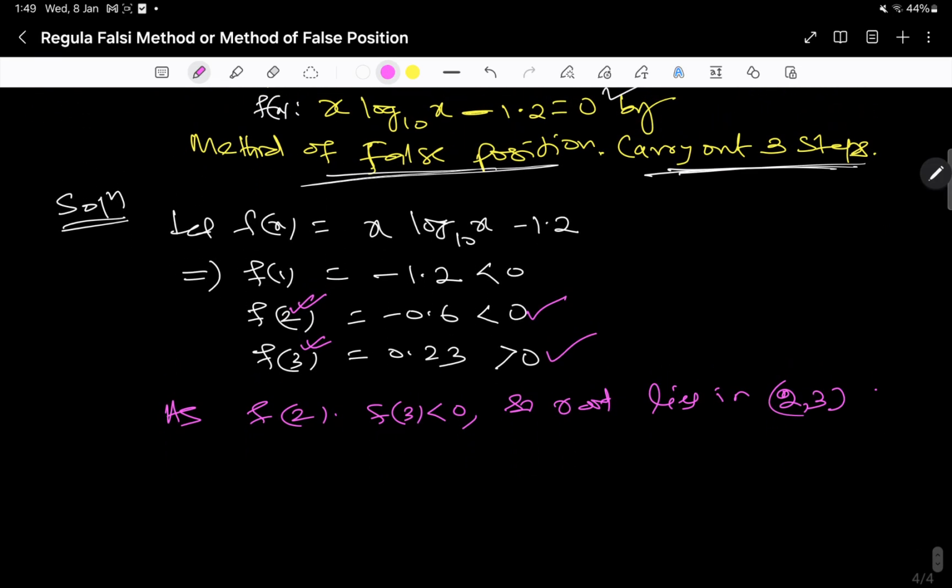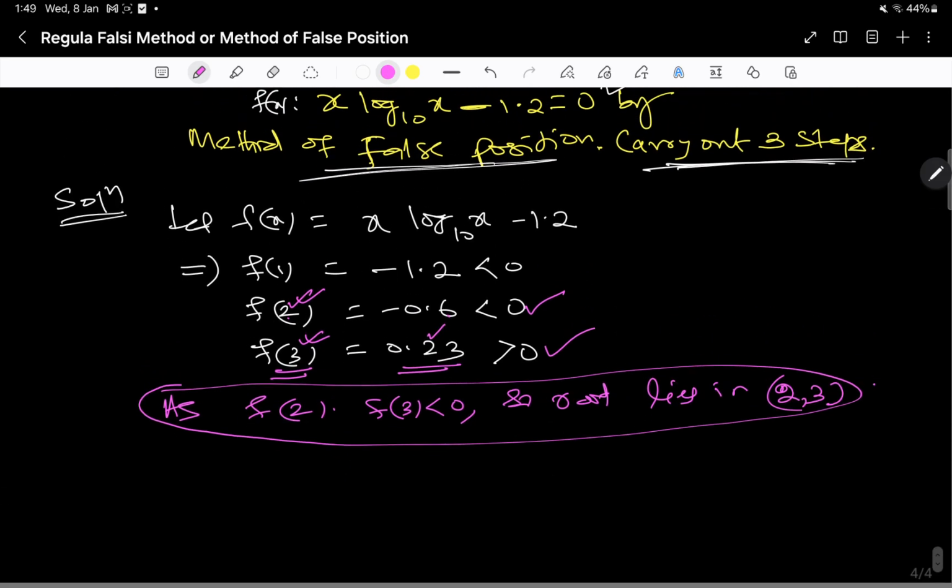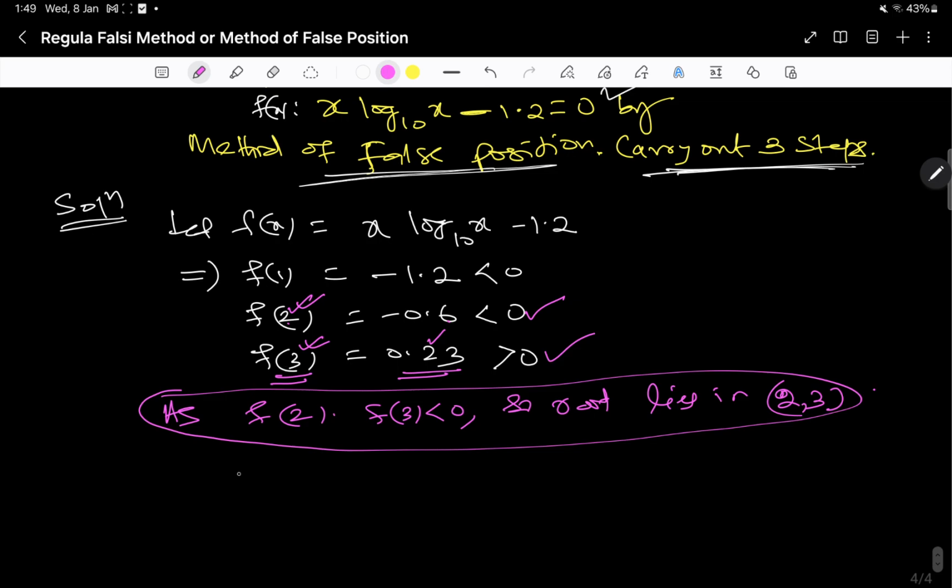To get the result quickly, we see that at 3 the value is close to 0, while at 2 it is close to minus 0.6. So let us take points closer to 3. What is f of 2.7?